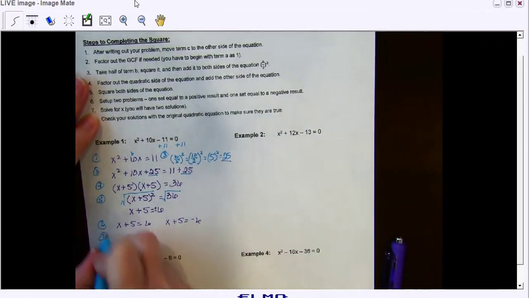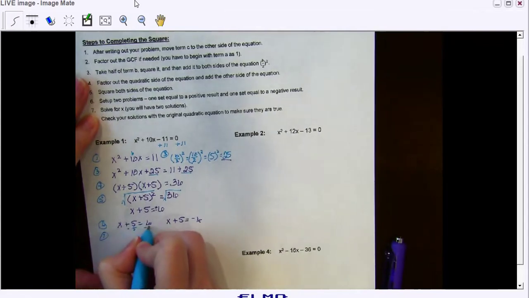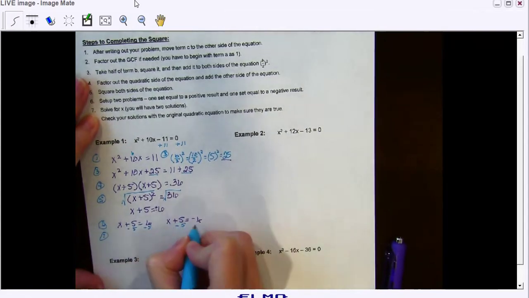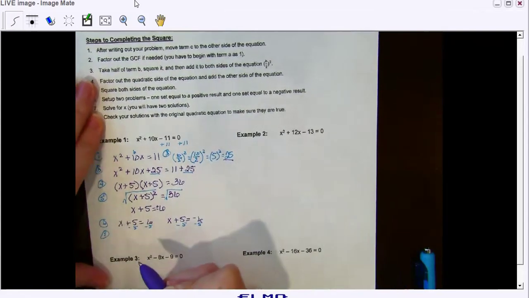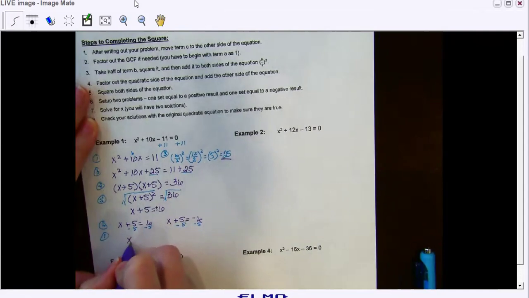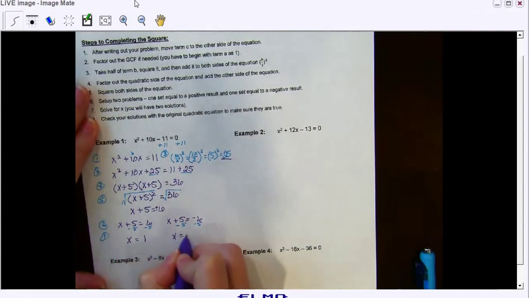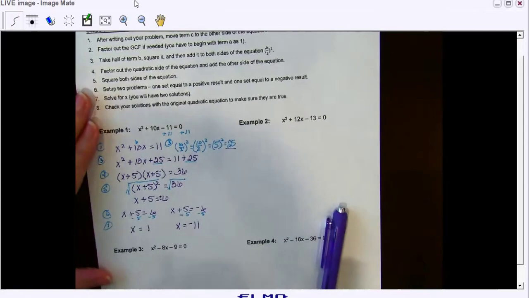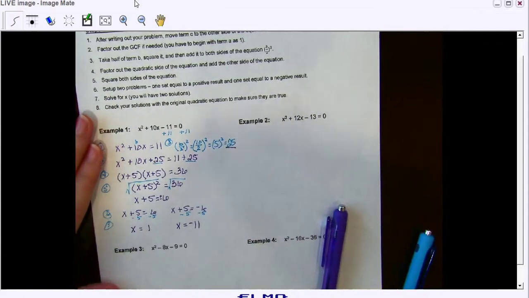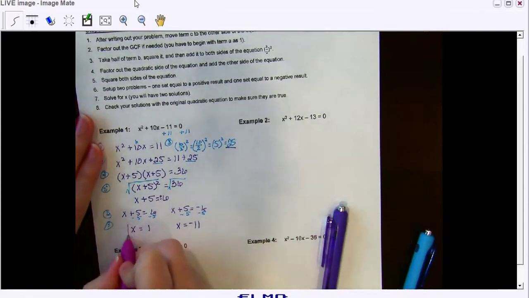We're going to solve for this. So we subtract 5 on both of these. And then we get x equals 1 and x equals negative 11. And this right here is our final answer.